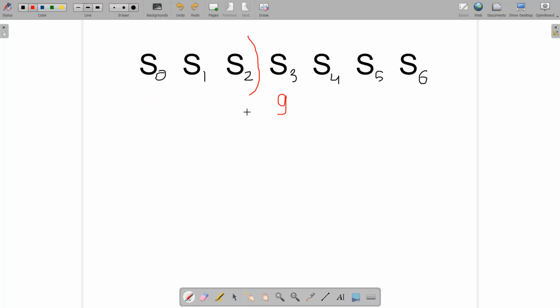Now consider if S3 is 6. There is more than one way. If we do this partition, this is a valid way of decoding. There is one more way of decoding because of the 6. If S2 is 2, then there can be a valid decoding with S0 to S1, or we can take this 26 as a whole.